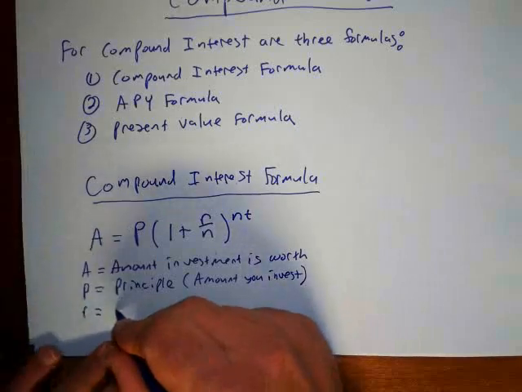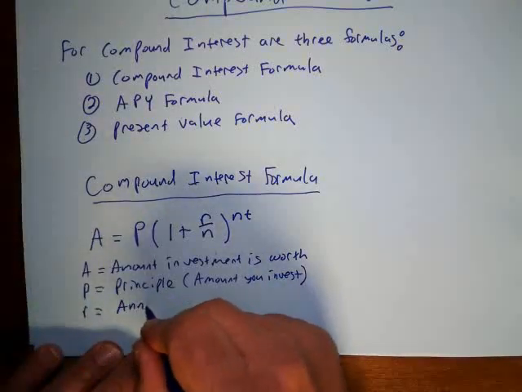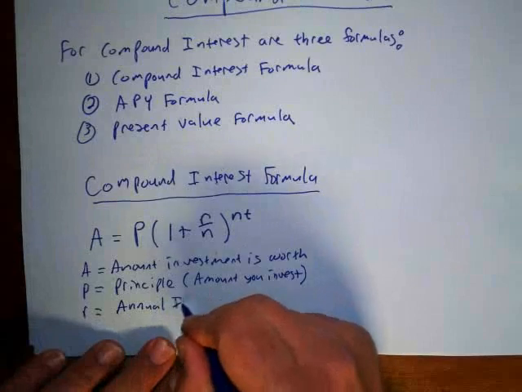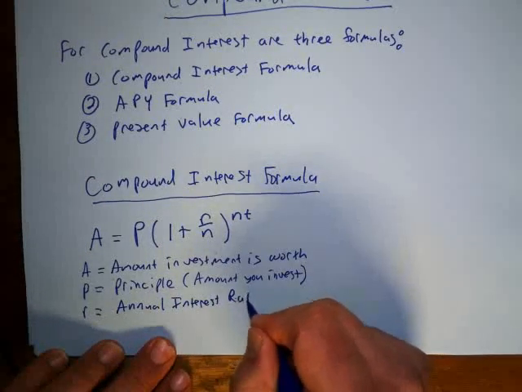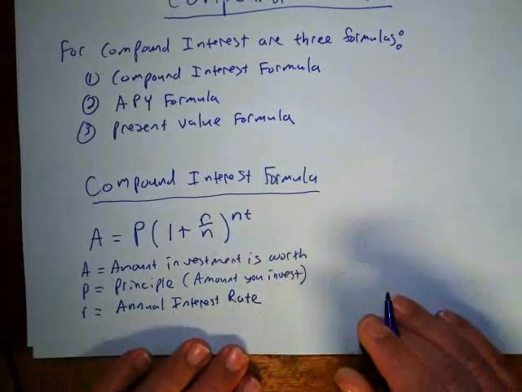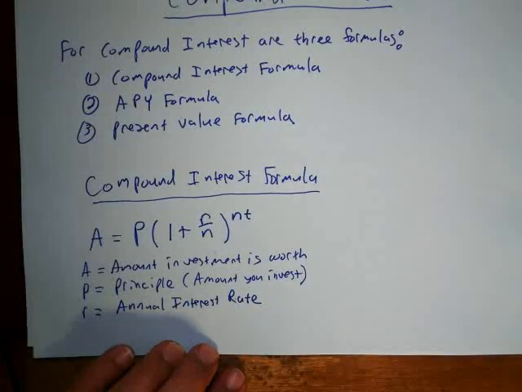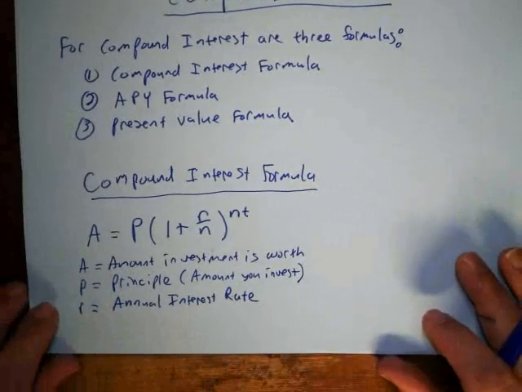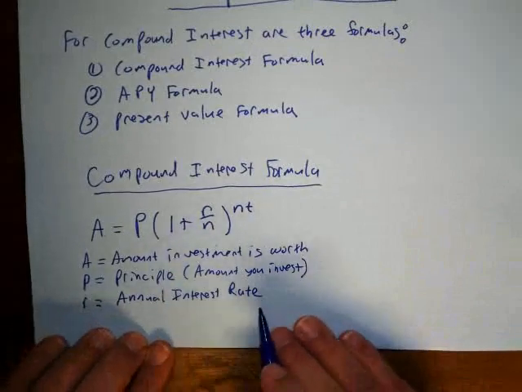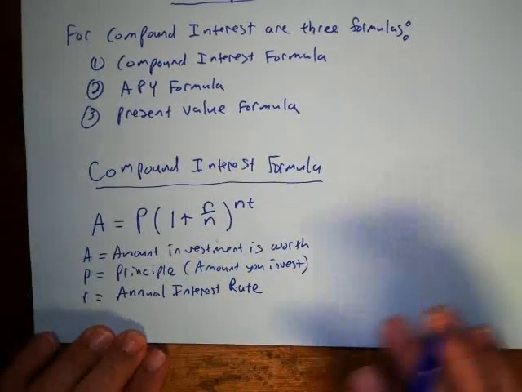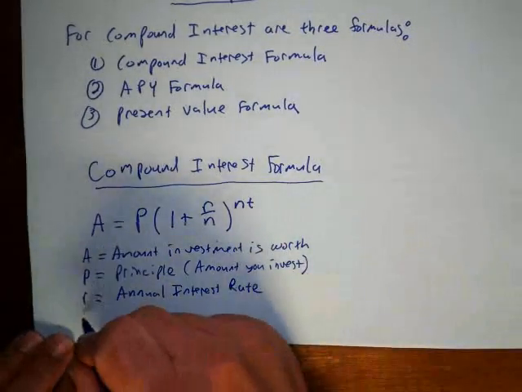R is going to be the annual interest rate. For the compound interest formula, the interest rate will always be annual interest. That keeps this a little simpler than the simple interest formula, in that you don't have to worry about the rate. It'll always be annual interest.